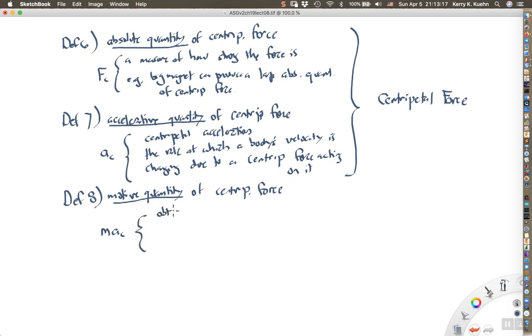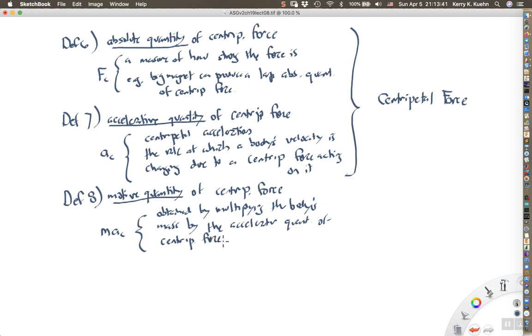It's obtained by multiplying the object's or the body's mass by the accelerative quantity of centripetal force, or the centripetal acceleration.